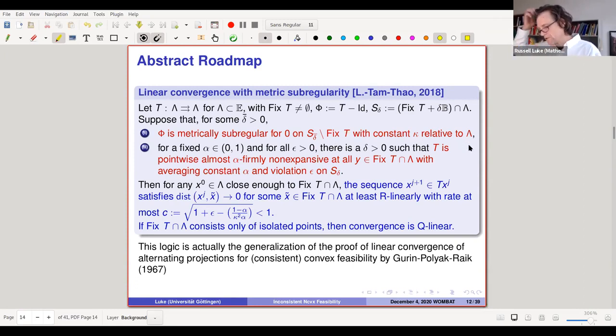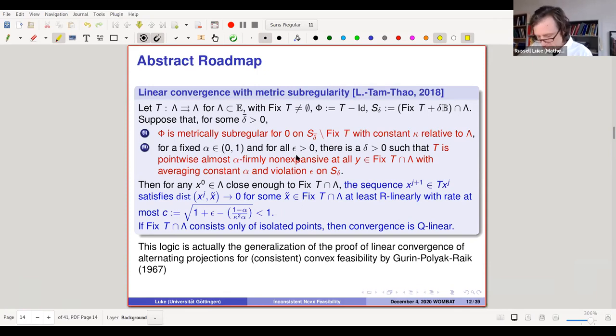So what I'm using, relative to lambda, is similar to what other people have been working with, like directional normal cones and things like that, to force them in directions where things are nice. This serves exactly the same purpose. And in my experience, the directions are usually anything restricted to an affine subspace or a manifold where all of the action of the algorithm is happening. The second condition is that there exists some alpha between 0 and 1.